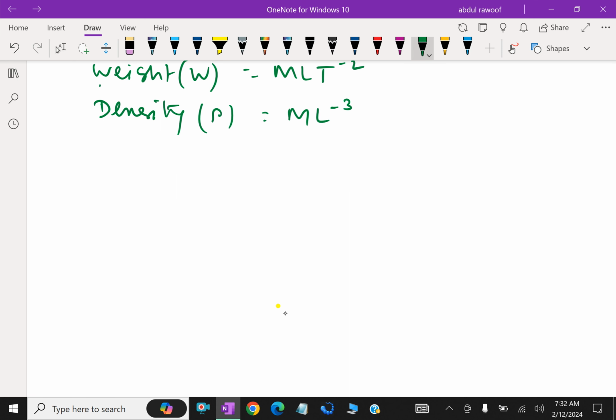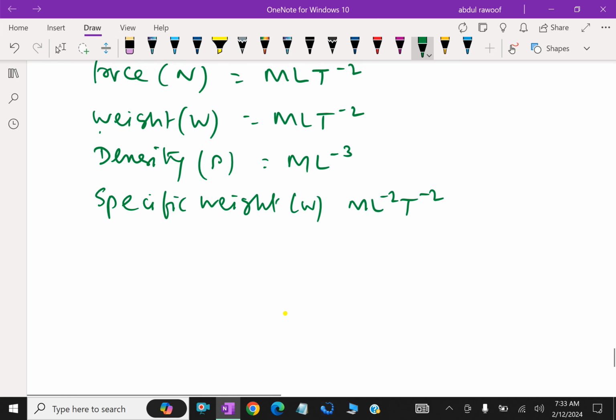Specific weight is M L power minus 2 T power minus 2.